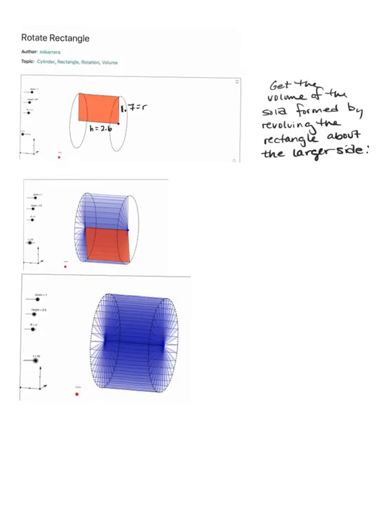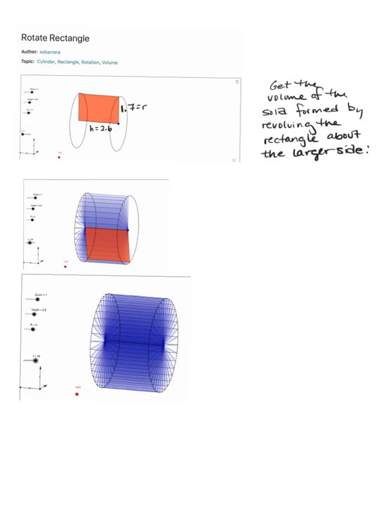So here I'm asked to rotate a rectangle. So I took this rectangle and I rotated the rectangle about the longer side. So the longer side was h, 2.6. And you can see that the shorter side was 1.7.